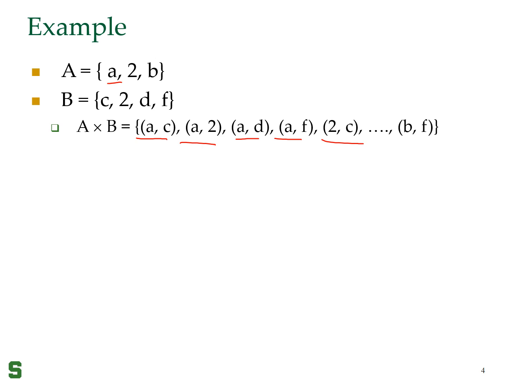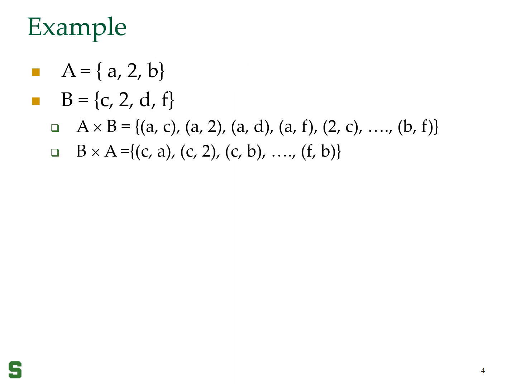Observe that A cross B in this case will have exactly 12 elements because A has 3 elements, B has 4 elements. The Cartesian product will have exactly 12 elements. B cross A will also contain exactly 12 elements, but the actual elements would be different.